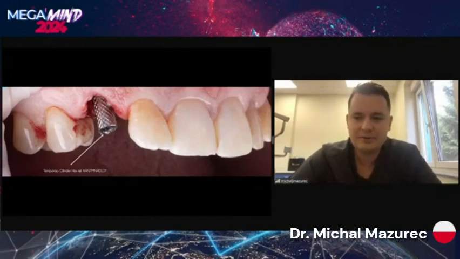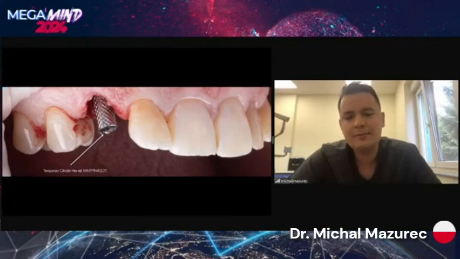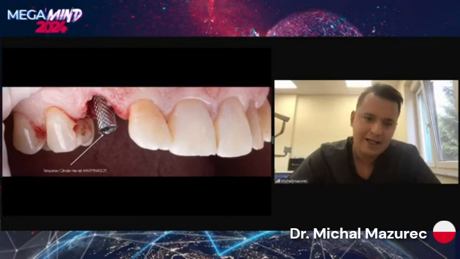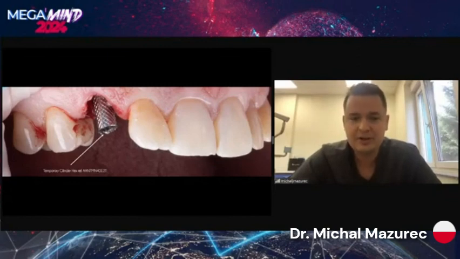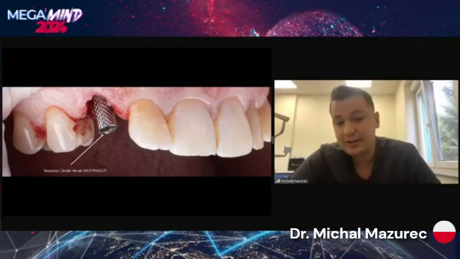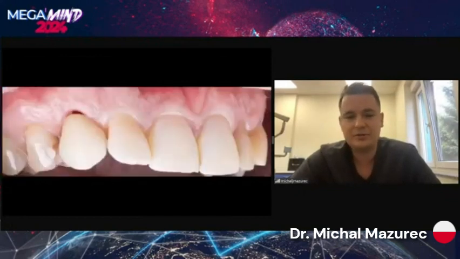So the temporary crown will be much more stable and there will be no micro movement. If there is no micro movement, then we will have no bone loss at the time of the healing. So it's very necessary to think about it during the preparation of the temporary solution.